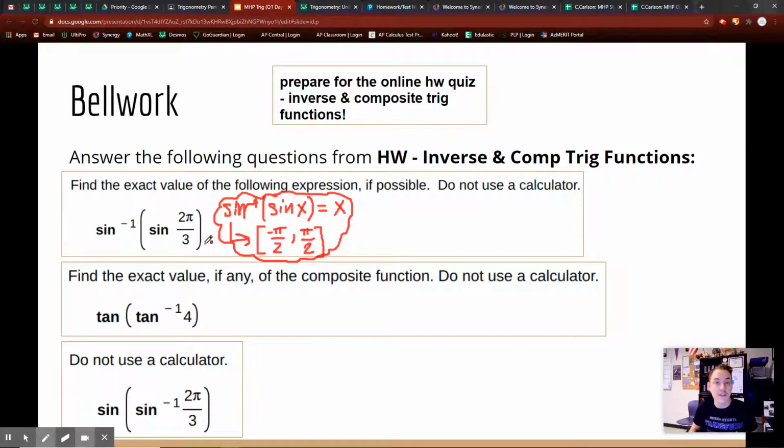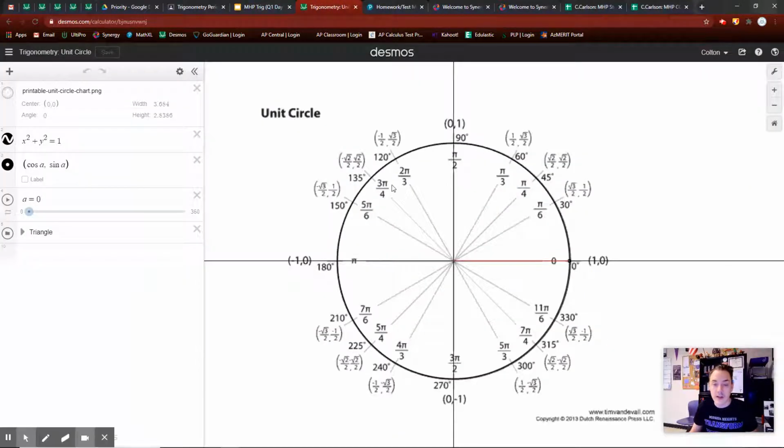Okay, so what do we have to do here? The first thing is, is it within the interval? Is 2 pi over 3 within that interval? Well, let's find out. If we go to the unit circle, 2 pi over 3 is all the way over here.